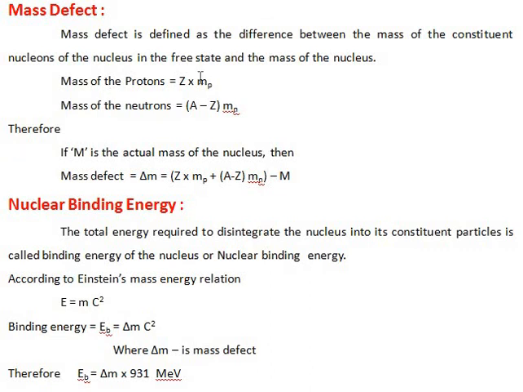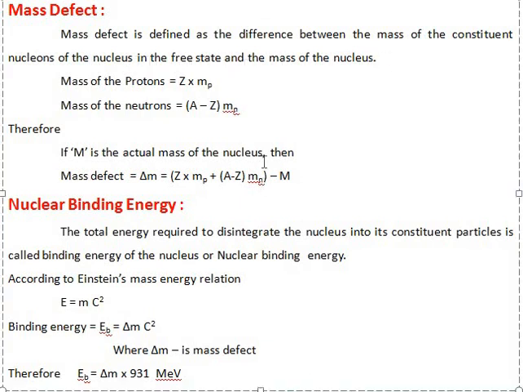Mass defect is defined as the difference between the mass of the constituent nucleons of the nucleus in the free state and the mass of the nucleus. Basically, mass defect is the difference between the theoretical mass and the actual mass.